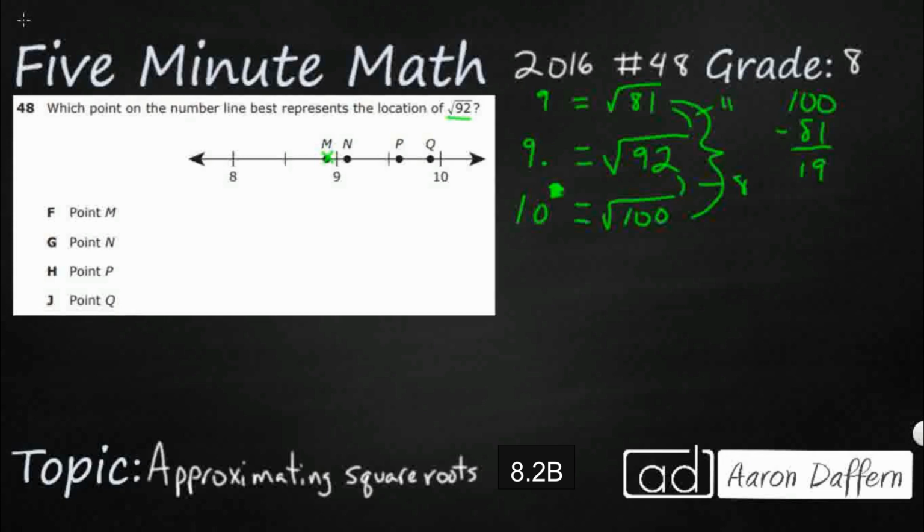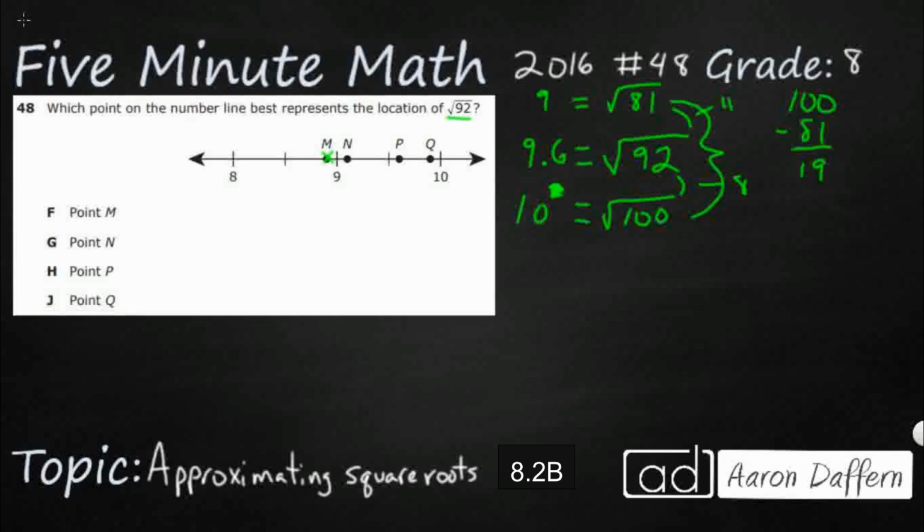So it's actually a little bit past your 9.5. Your 9.5 would be equidistant between 81 and 100, and so it's a little bit closer to your 100, so I'm going to call this maybe 9.6 or 9.7. That's going to be my closest guess without actually plugging it into a calculator.